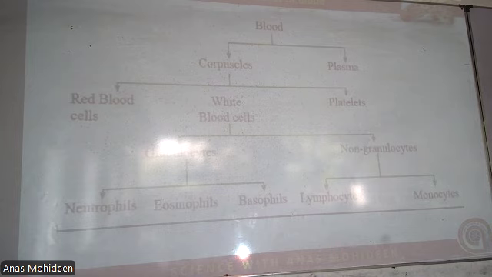In front of white blood cells, leukocytes. And then platelets, thrombocytes.